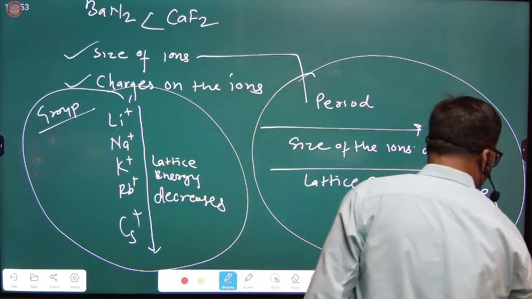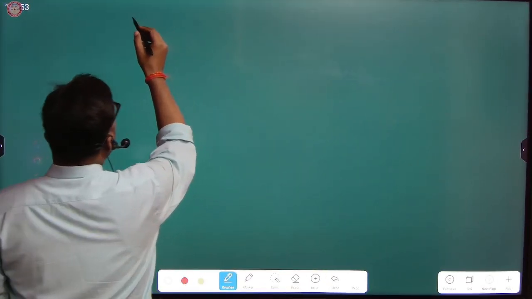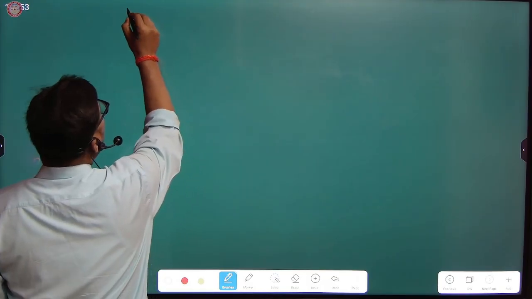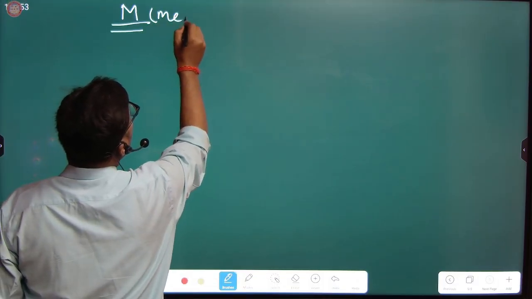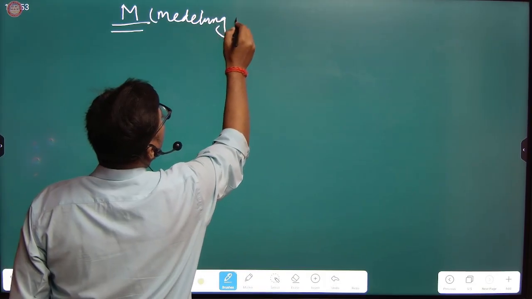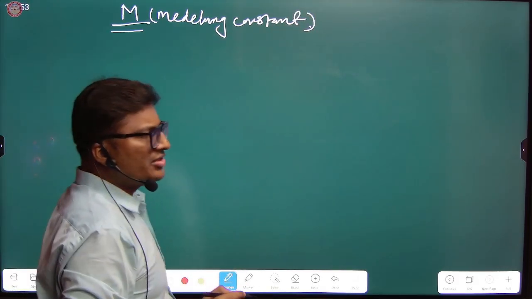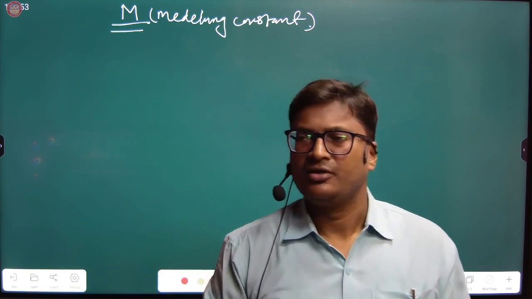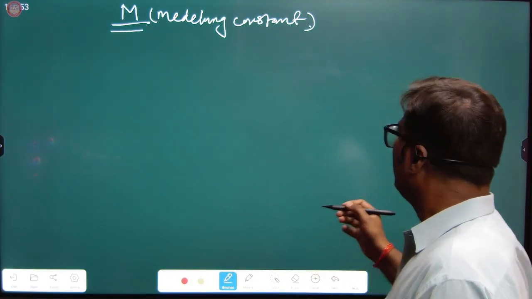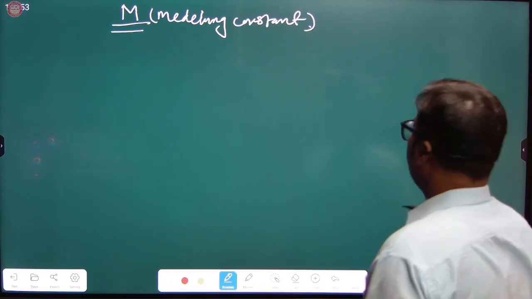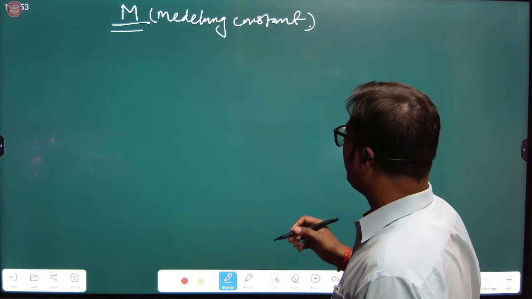So the next parameter is the Madelung constant M, right? So this is your Madelung constant. The Madelung constant is not specific to the ions; rather it depends on the lattice structure, coordination number and geometry of the structure.